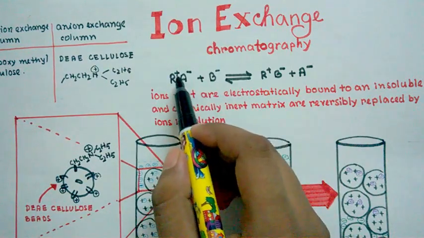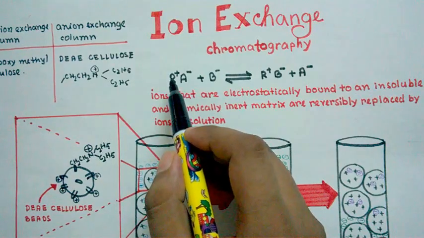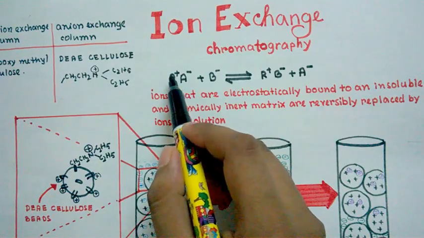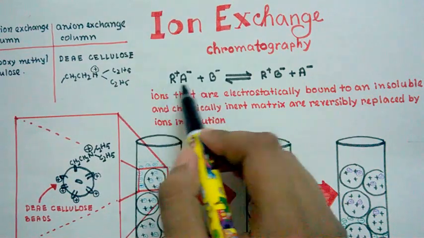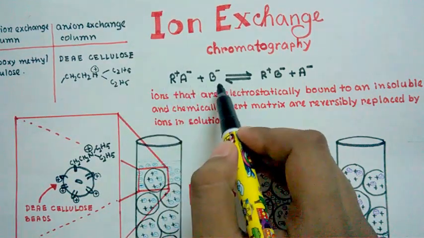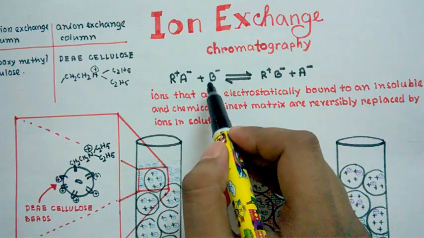Here is R plus A. Here R is actually the matrix, the beads of the matrix, which has a positive charge, and A is a negative charge attached with that matrix. Now here B represents our particular protein that we want to separate from other proteins.